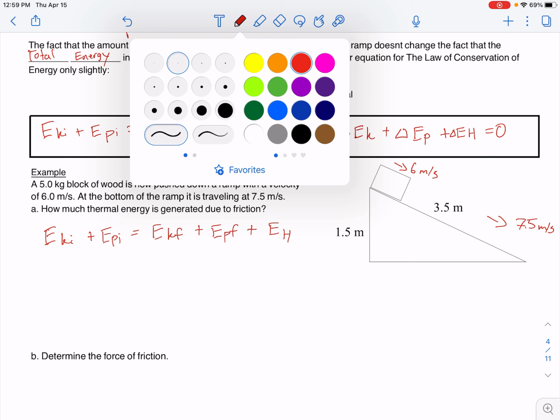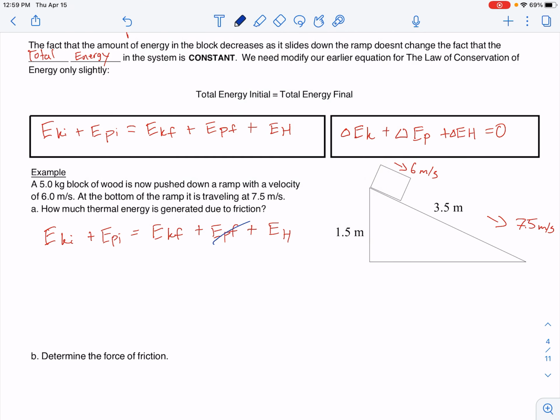Now, a couple things we know: when the block is at the bottom, we don't have any more potential energy. Again, what we're trying to solve for is our thermal energy. So if we're isolating that, we end up with thermal energy equals the initial kinetic plus the initial potential minus the final kinetic.